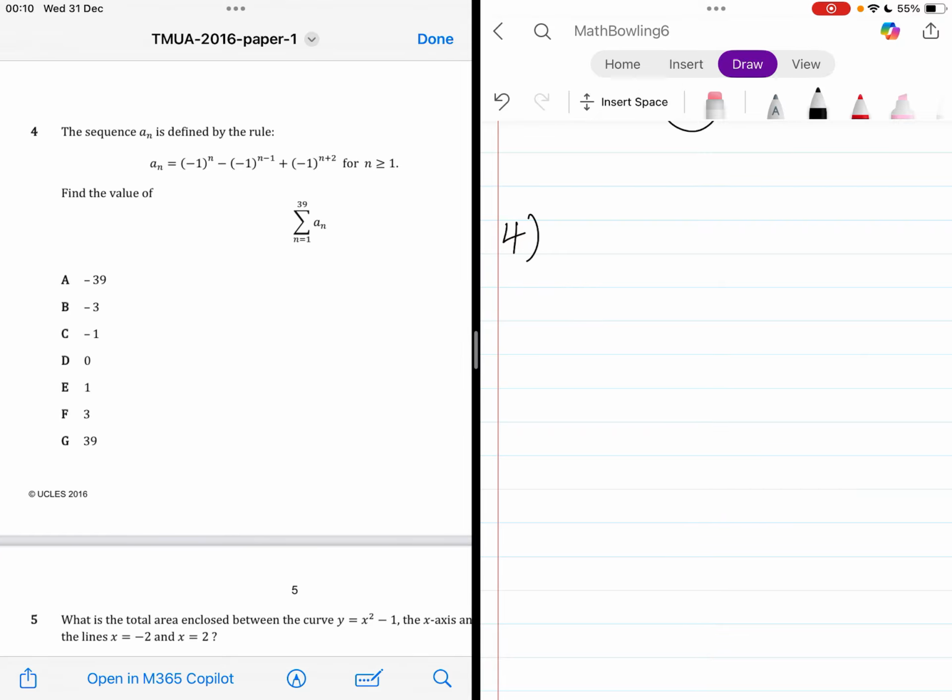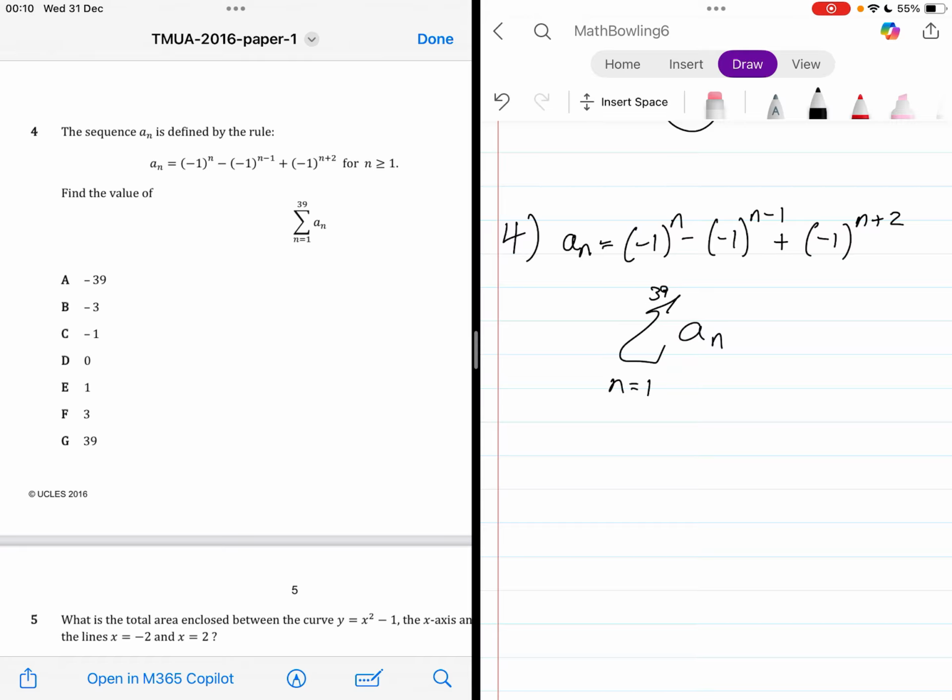Now, for question 4, the first thing that we want to notice is that I'm going to write out A of n, and we need to look at these exponents. And so we want to find this summation.